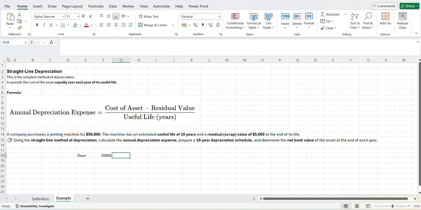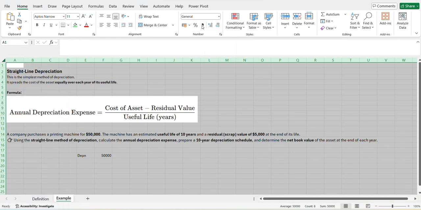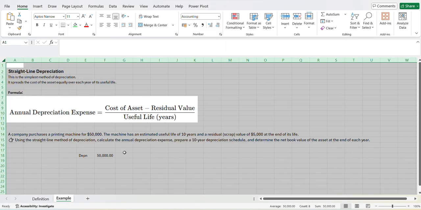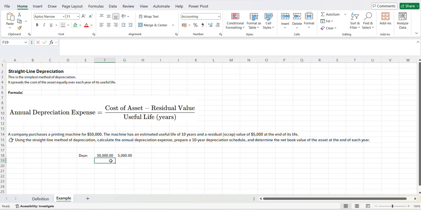That's the cost of the asset. The residual value, what's the residual value at the end of the 10 years? It'll be 5,000. All right. And then what's the estimated useful life? It will be there for how many years? 10.